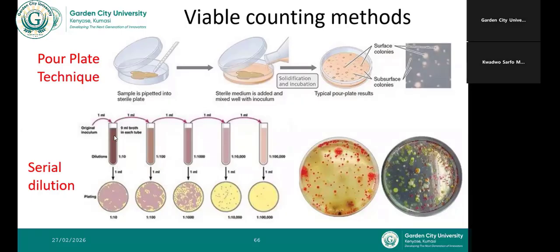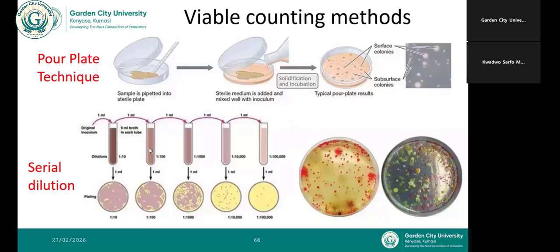So the first tube will have 1 ml of the sample in 9 ml of the broth. So that is 1 in 10 dilution. 1 part of the sample and 9 parts of the broth. But the second one is 1 in 100 dilution because the first one was a 1 in 10 dilution, and you have picked 1 ml into another tube that has 9 ml of the broth.